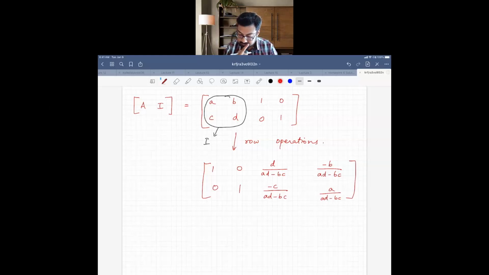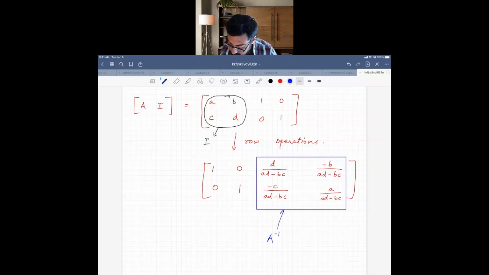Let's see that. And so all of this is going to be the inverse of A, right? I've already included the determinant here. The determinant is in the denominator for all of these.